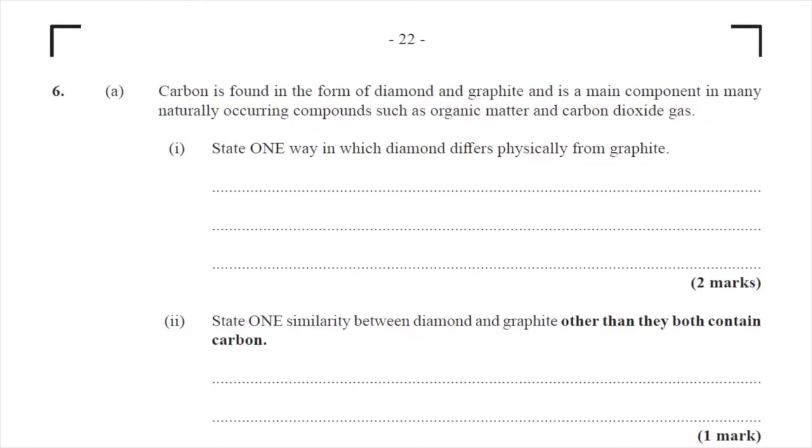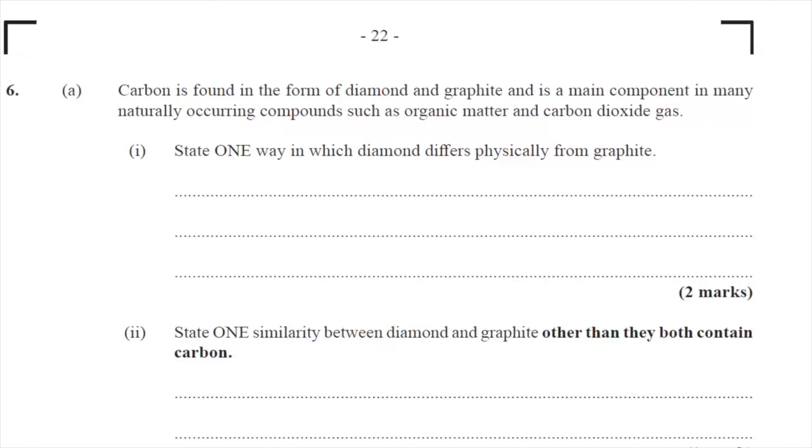Carbon is found in the form of diamond and graphite and is a main component in many naturally occurring compounds such as organic matter and carbon dioxide. State one way in which diamond differs physically from graphite. Right, so we should be thinking allotropes, allotropes, allotropes.